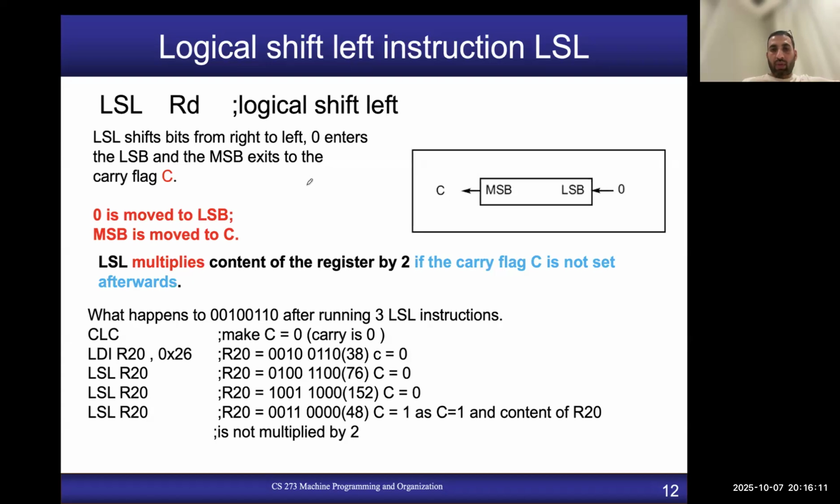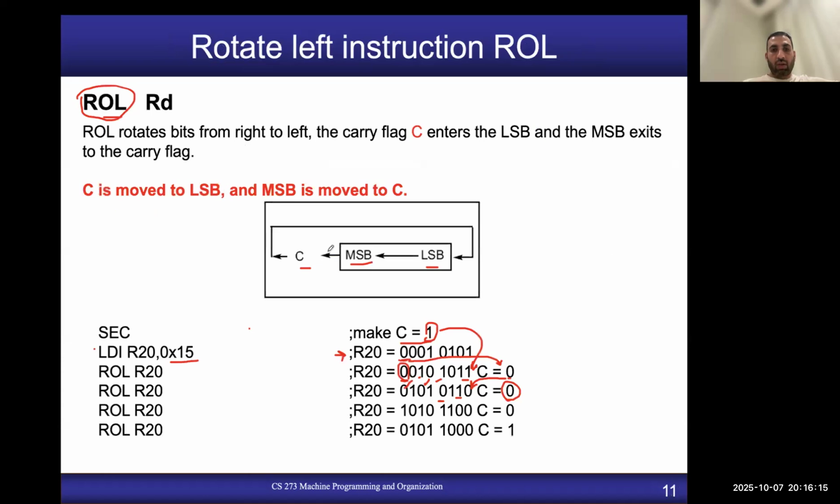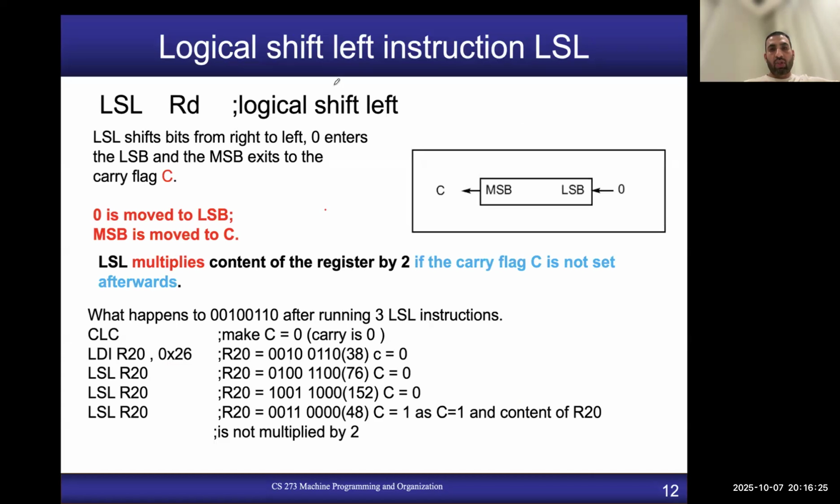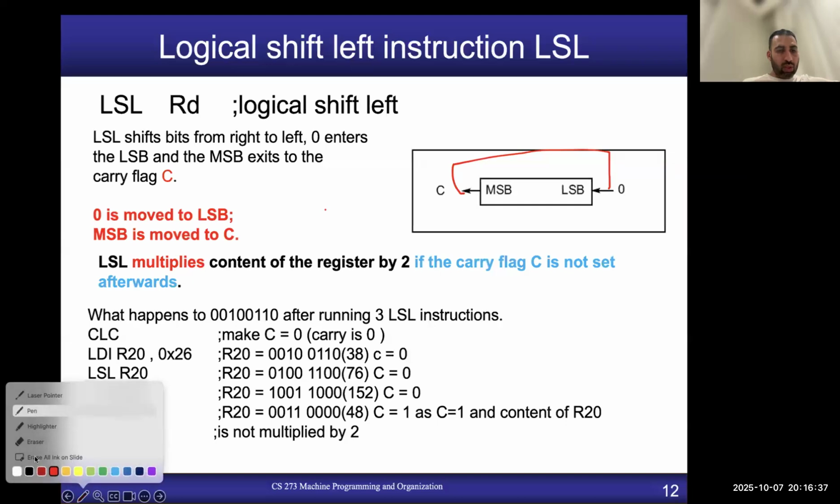The difference is that rotate instructions involve carry, but a logical shift instruction doesn't involve carry. There is no loop back from the carry, for example, into the least significant bit. There is no such loop. So that's the difference here.